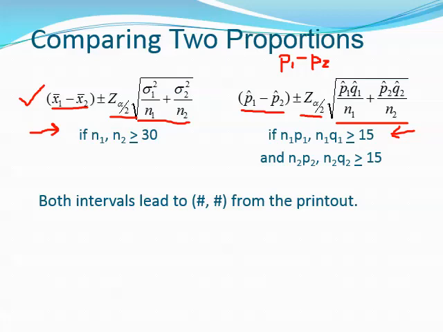If the proportion of male students that have a tattoo is exactly the same as the proportion of female students who have a tattoo, if I looked at the difference between those proportions, wouldn't it be 0? And again, we had a similar conversation when I was comparing mu1 to mu2. If the means are the same, the difference between them is 0. If the proportions are the same, the difference between them is 0.